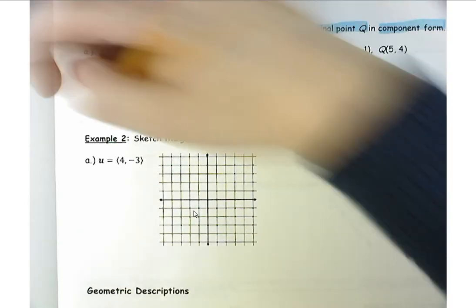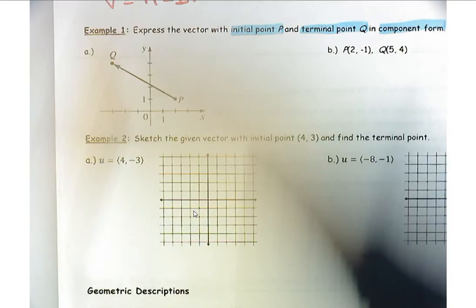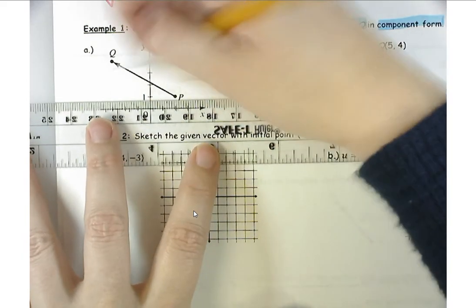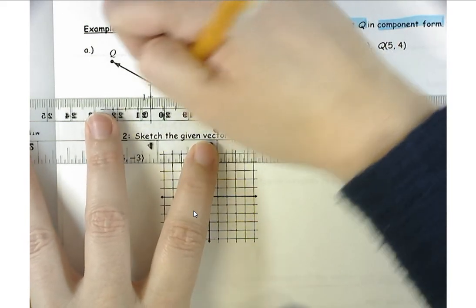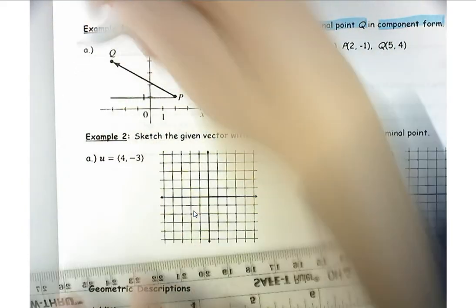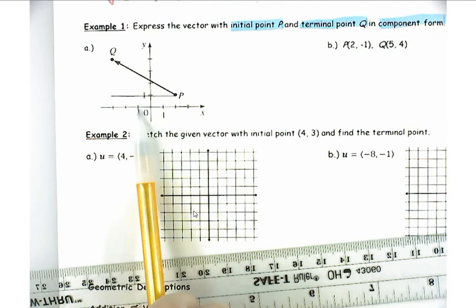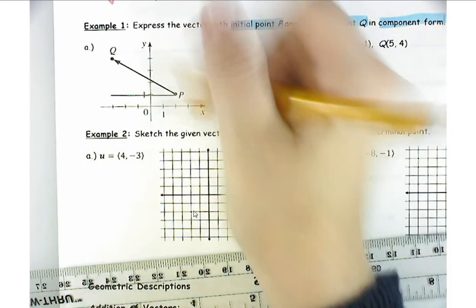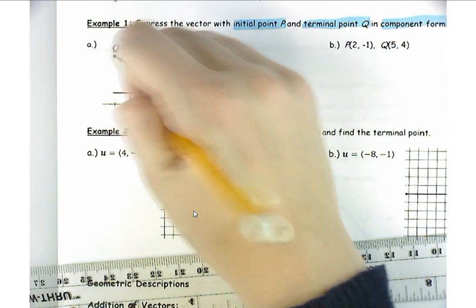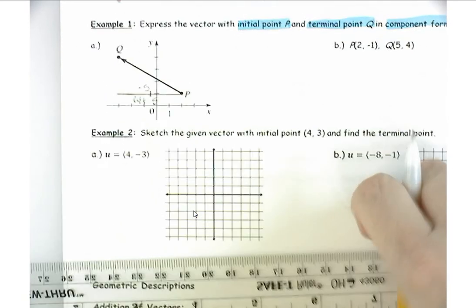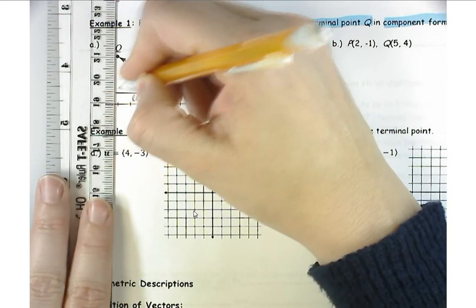If I'm looking at this from a horizontal distance, to get from P to Q, I'm going over how many units? 5, right? 1, 2, 3, 4, 5. So I'm going left 5. If you're going left 5, you could represent that as a negative 5. To get to Q from P, I'm also going up.